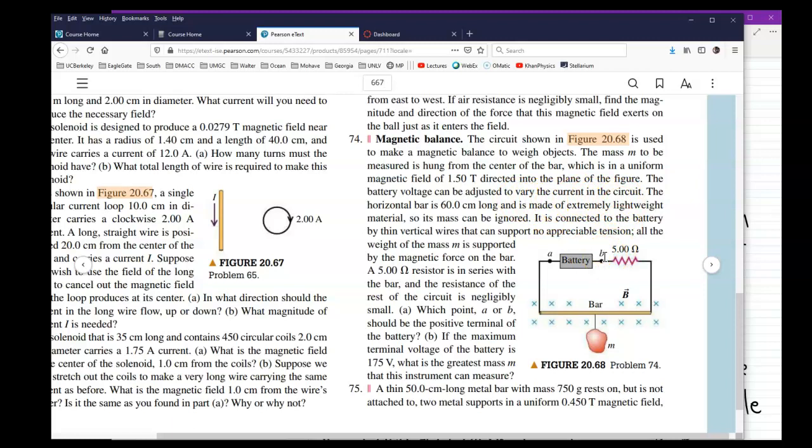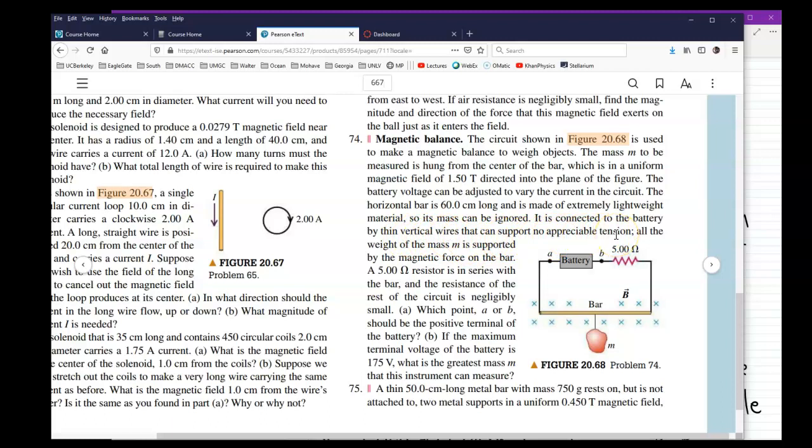Why do I need to do that? The horizontal bar is 60 centimeters long, and is made of extremely lightweight material, so its mass can be ignored. Got it? So we're going to ignore the mass of the bar. It is connected to the battery by thin vertical wire that can support no appreciable tension.